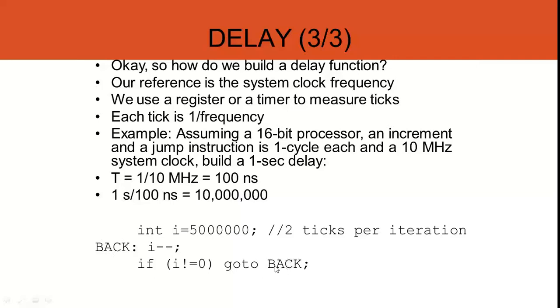So this is a label, and the goto statement is also supported in C. So 2 instructions are associated with 1 iteration, and that's why I is initialized to half of this value. Now it will consume 1 second to come out of this looping. And this is how we can build the delay timers in our application.